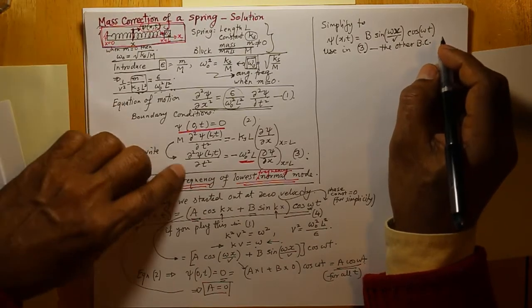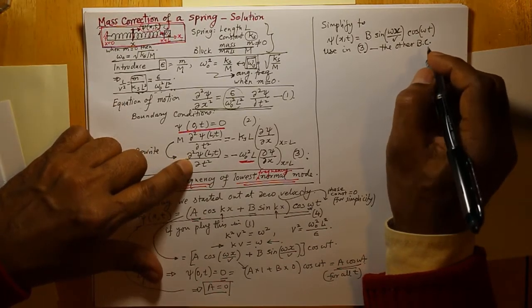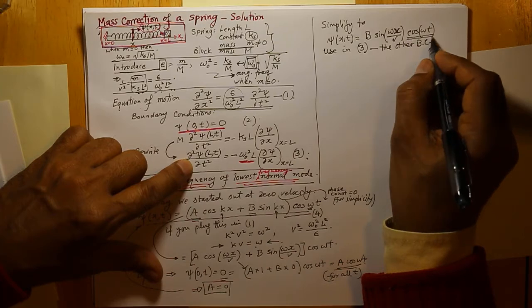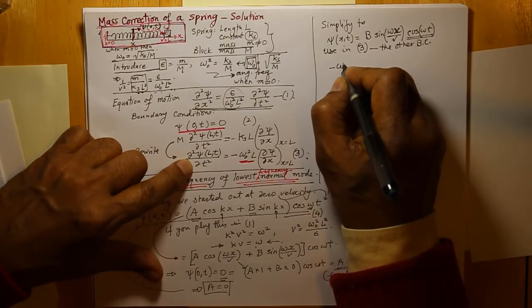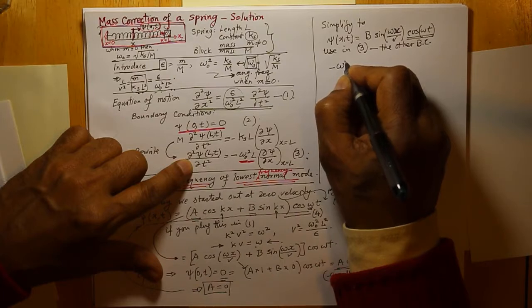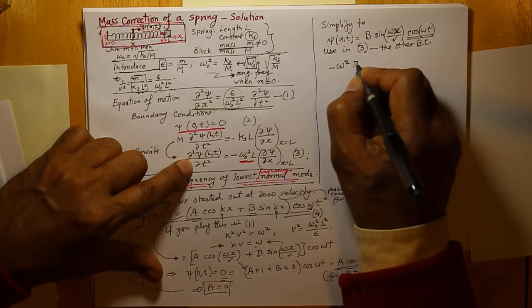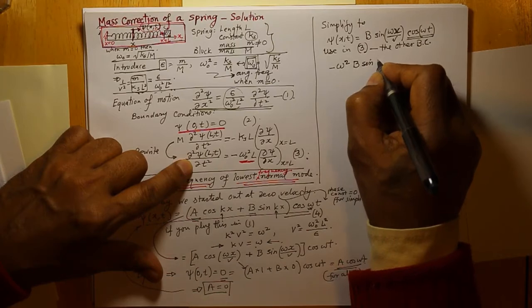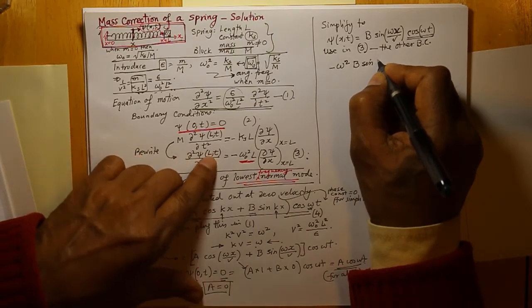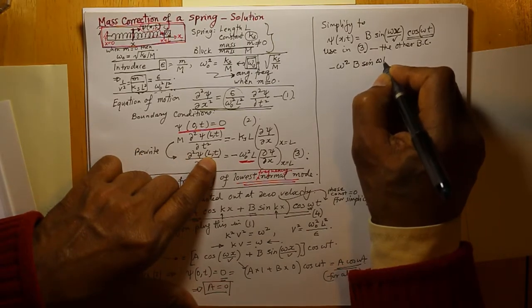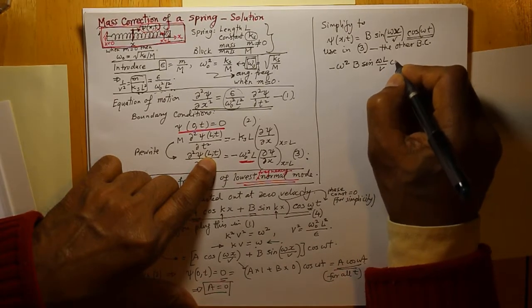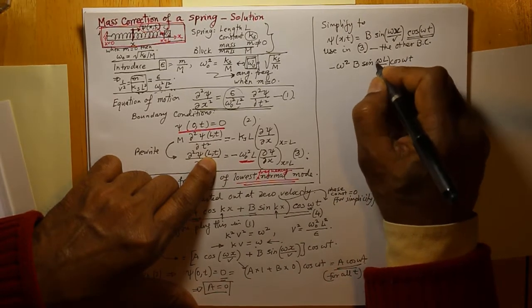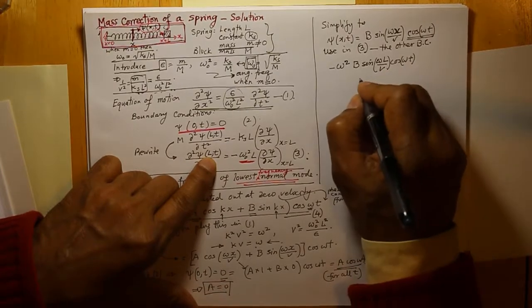So what do we get? If I take two time derivatives, it's going to give minus omega squared b sine, and I need to use x equal to L, so omega L over v, and then cosine omega t on the left side.